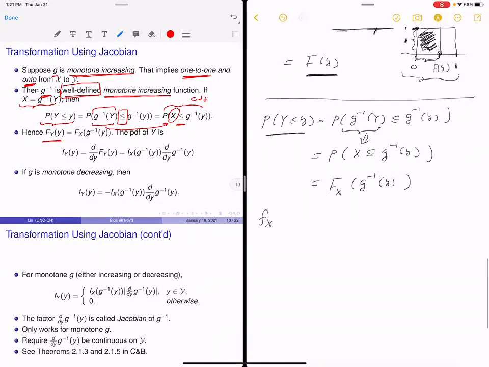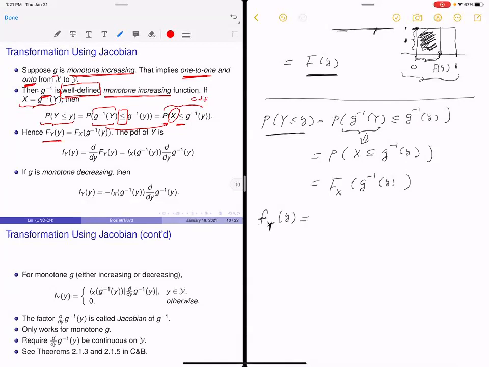The Jacobian method eventually directly gives you the new PDF of y.